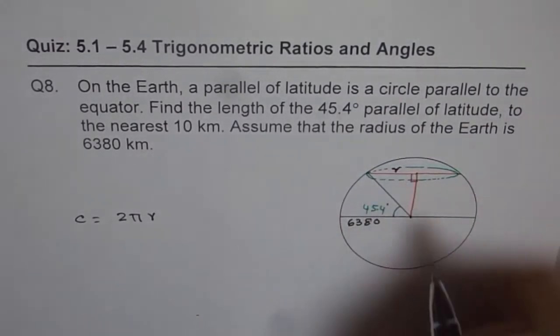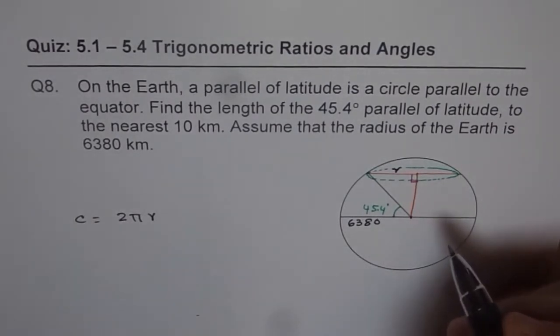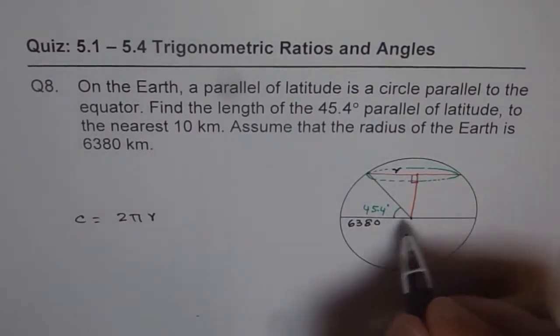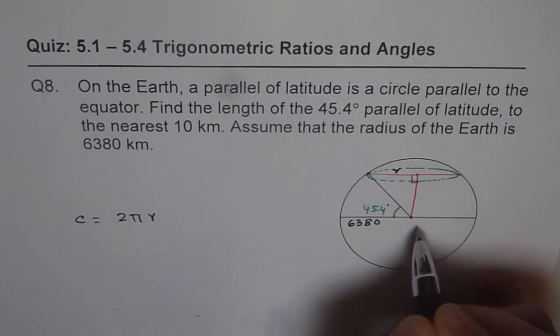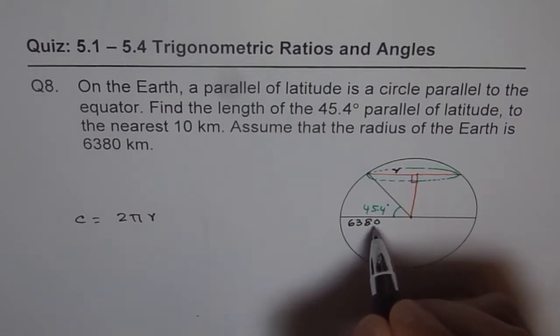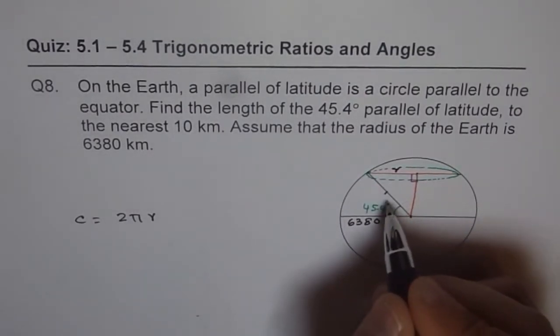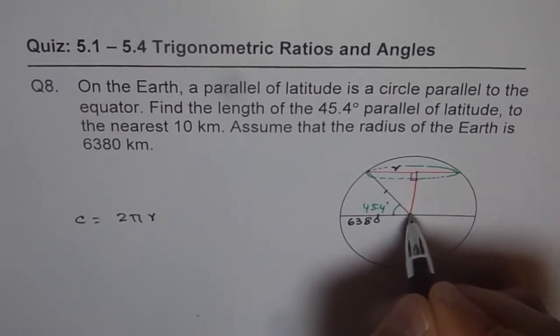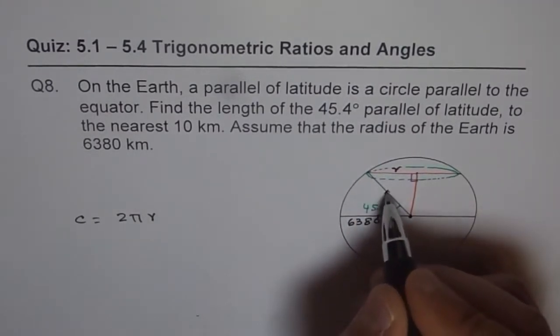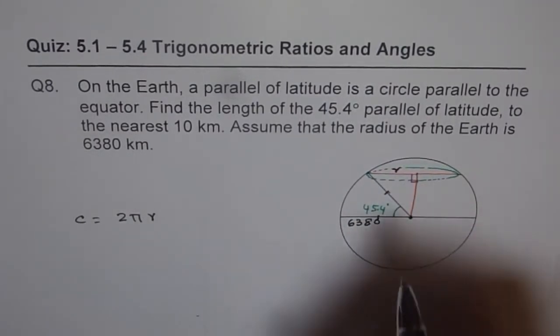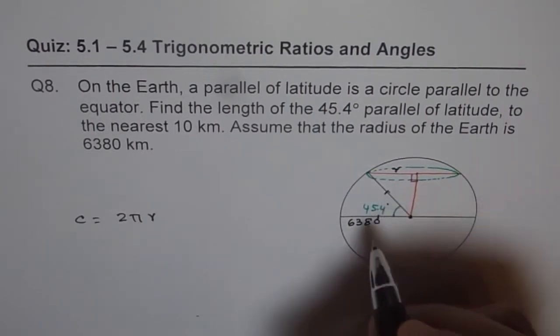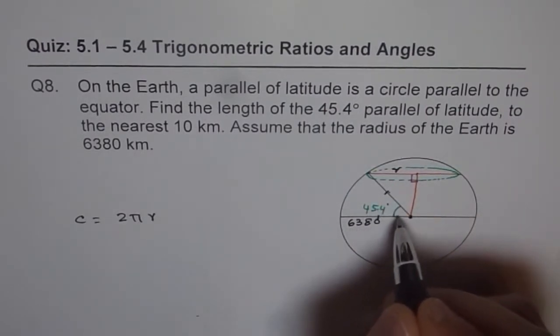Now, to find this radius, we can use trigonometric ratios. Since the radius of the earth is given to us as 6380, this part is also a radius. These two sides are equal, from the center, that becomes the radius. So that is 6380 for us. Now we know 6380, and we know 45.4 is that angle.